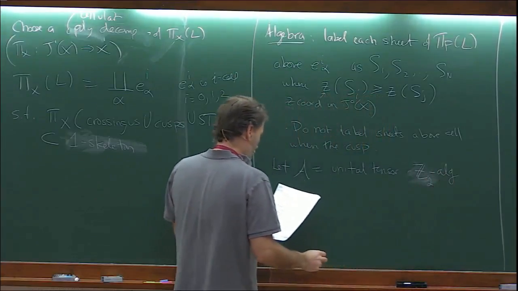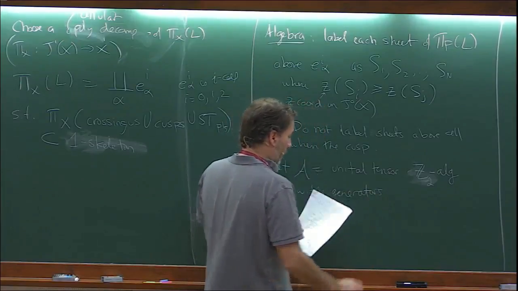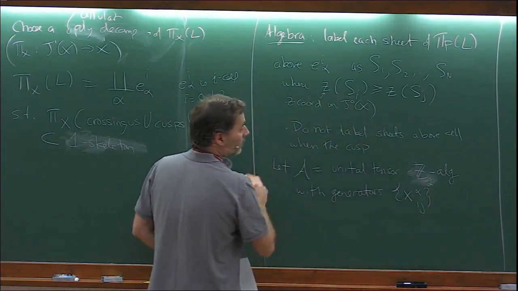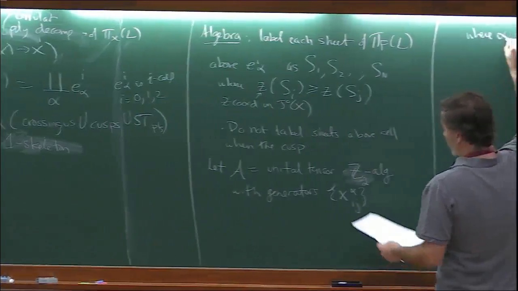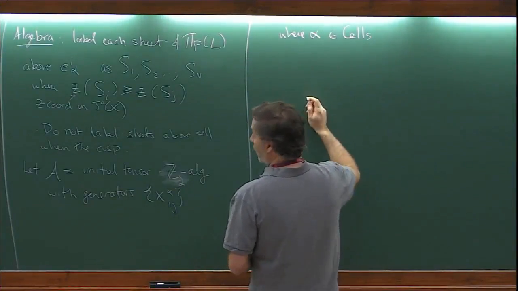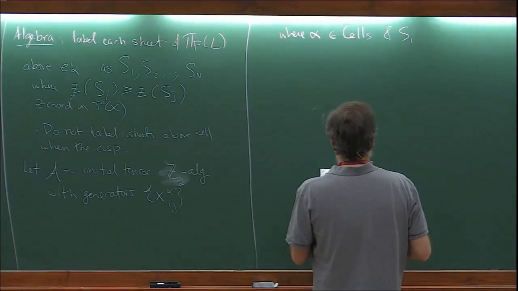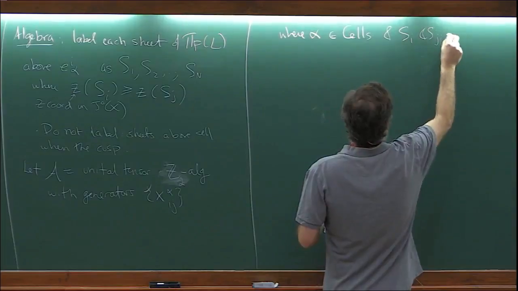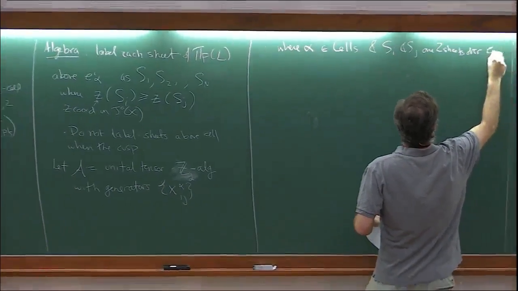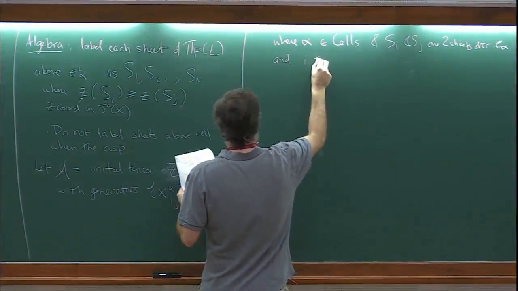So this is going to be a Z2 algebra with generators x_{alpha,i,j}, where alpha is the parameter that's parameterizing the cell, and Si and Sj are 2 sheets over e^alpha. And i is less than j.